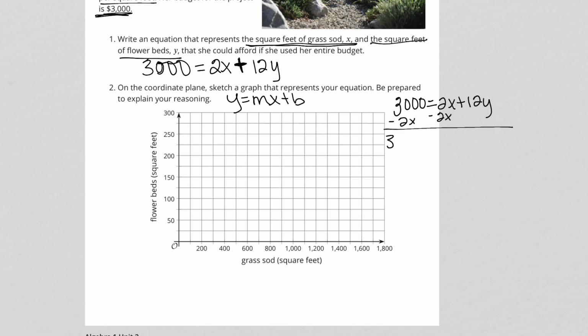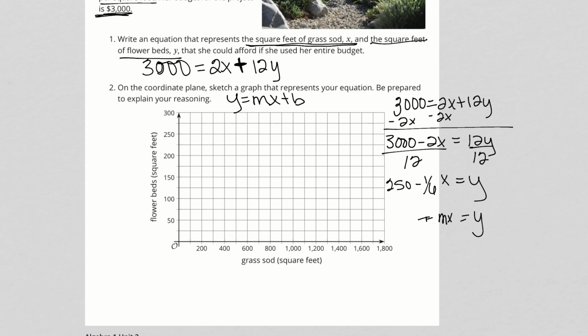So I'm going to get 3,000 minus 2x equals 12y. Then I'm going to divide by 12 on both sides. I'm going to get 250 minus 1/6 x equals y. This is slope-intercept form, just in the opposite direction. This is y equals mx plus b.